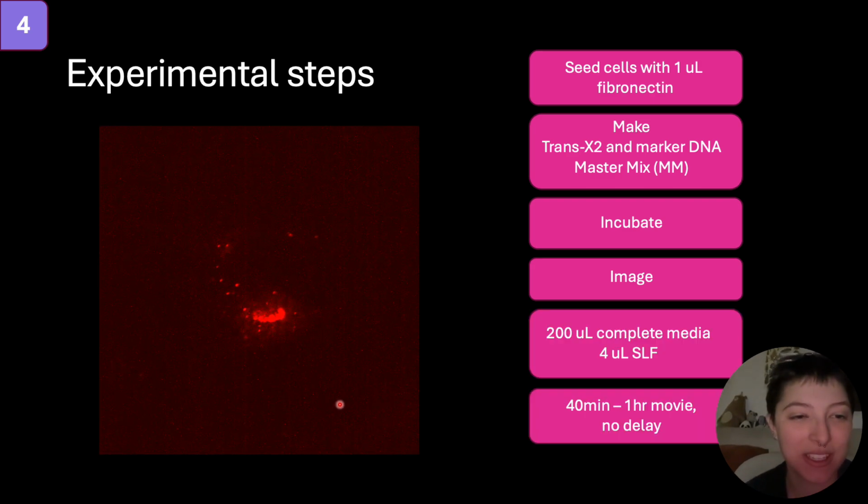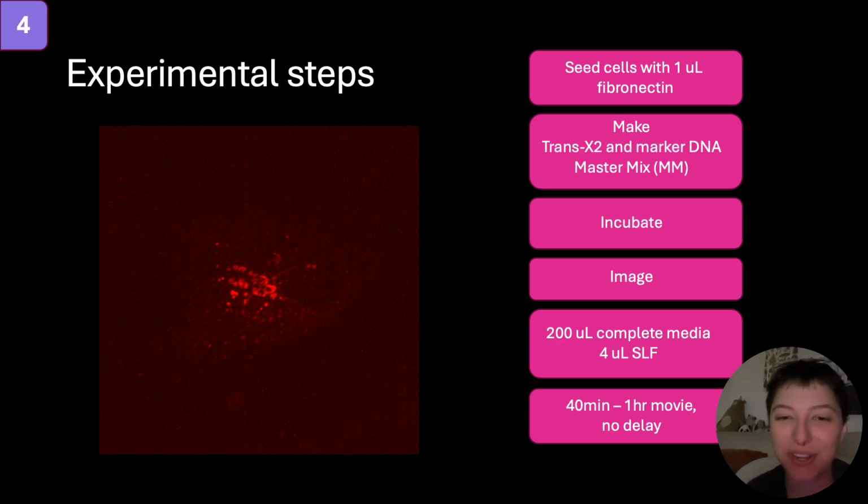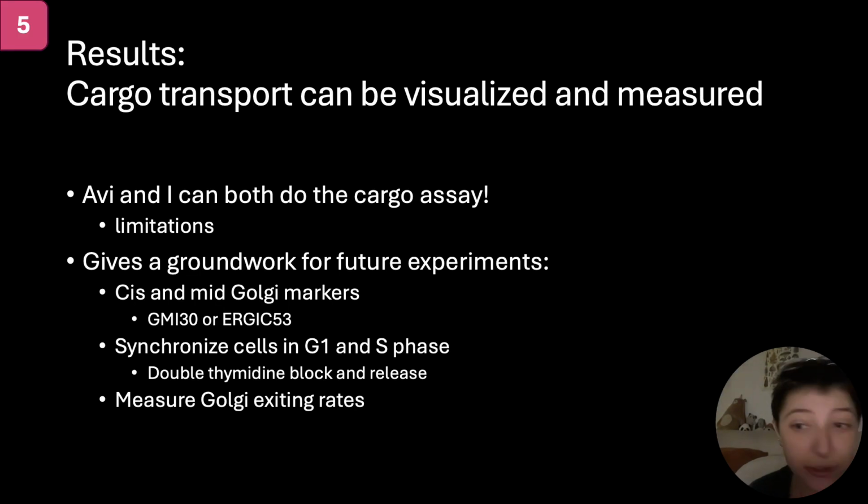You see all the cargo kind of disperse before going to the ER, and so I was working with a postdoc, Avi, and we both didn't know how to do it, and so that was my project, to learn alongside him.